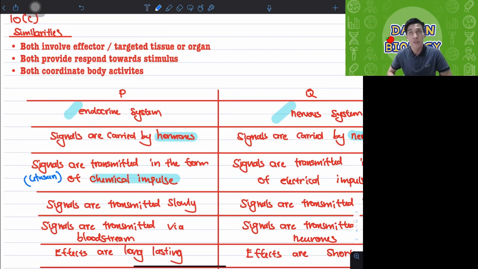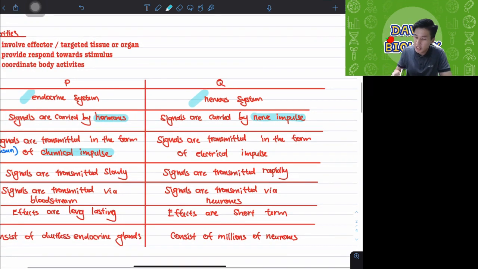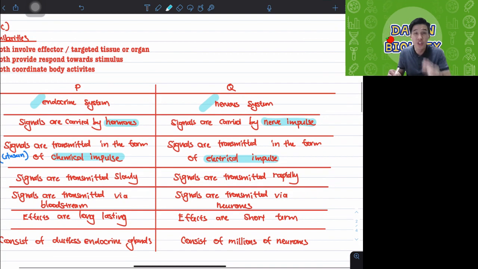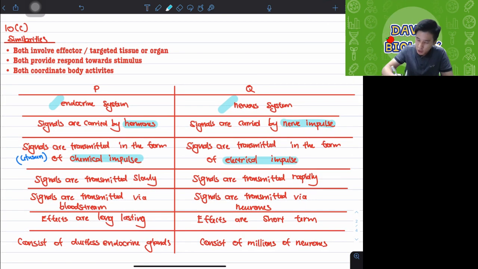Transmit in BM is dihantar. Dihantar dalam bentuk impuls kimia. For this one, utusan dihantar dalam bentuk impuls elektrik. Yeah, so nerves are very fast because they're electric, very fast. But hormones, they are chemical, they flow very slowly. And yeah, slow, rapid, laju, lambat.